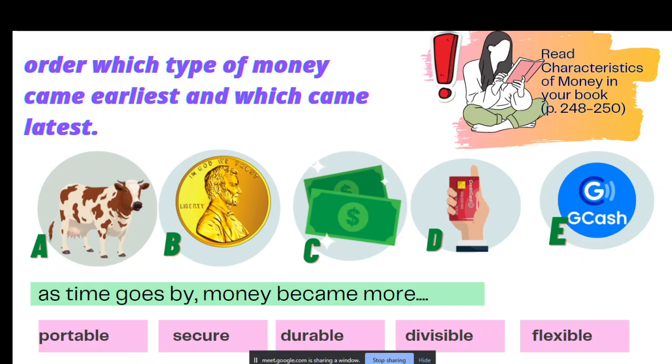Now, there are new kinds of money that are much more secure, much more durable, much more portable, and more digitally made or digitally determined. Who here has heard of cryptocurrency, like Bitcoin? Those are types of money as well. I don't really understand what they are, but these are types of money that are more secure, more durable, as well as having many features.